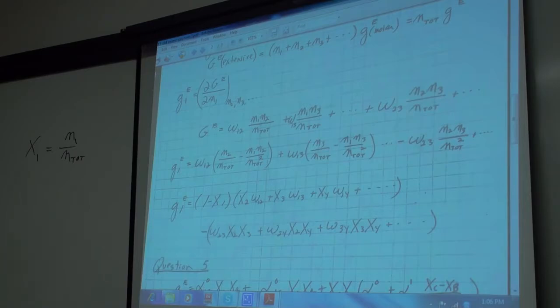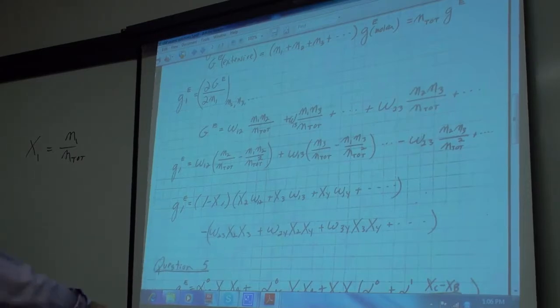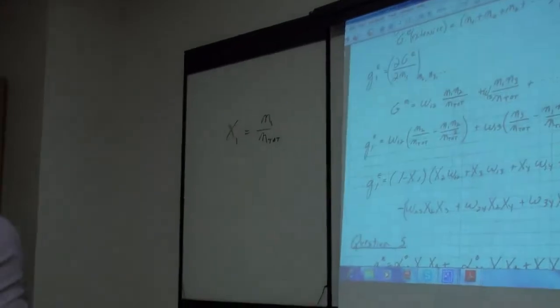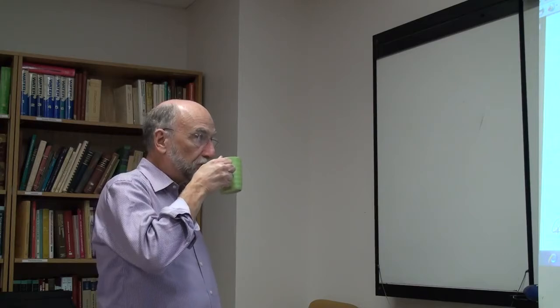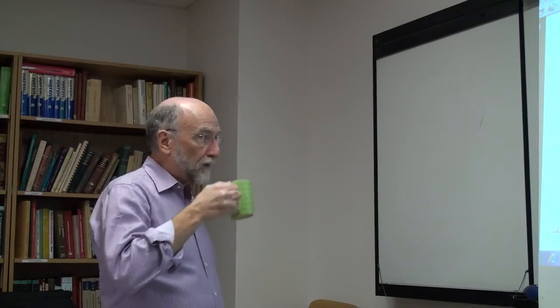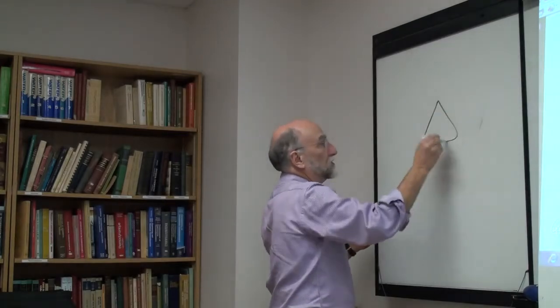Okay, let's just look at what this stuff means. Let's look at the ternary system 1, 2, 3.